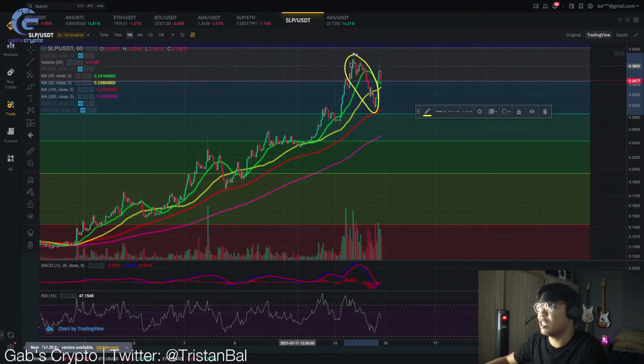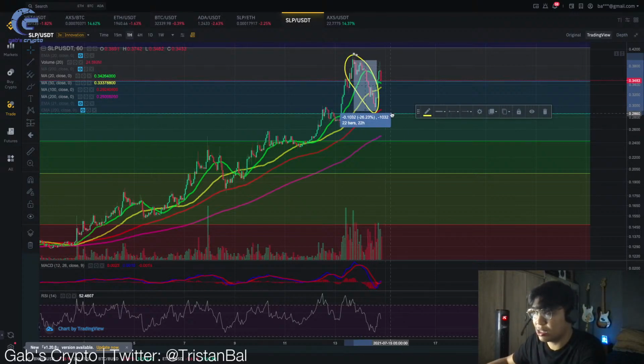And that dump was very significant kasi we saw a very big 26% dump, which is napakalaki. Kung meron ka 100K, yung pera mo naging 74K within one day. So, nawalan ka ng 26,000 pesos within one day dahil sa movement na to.